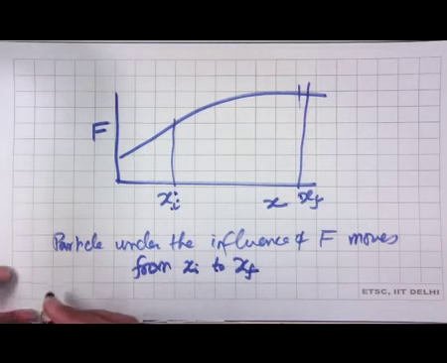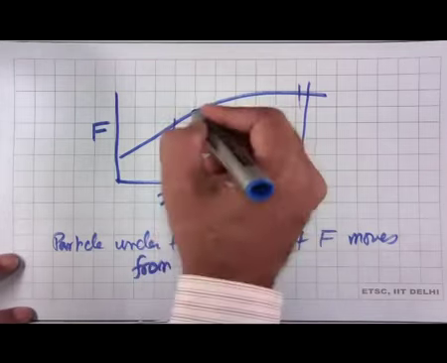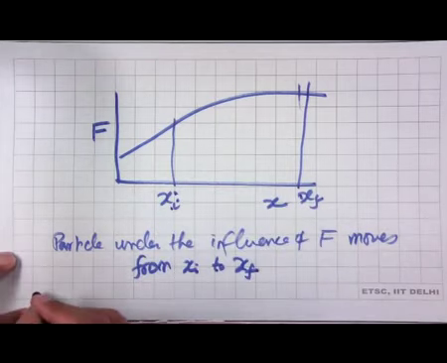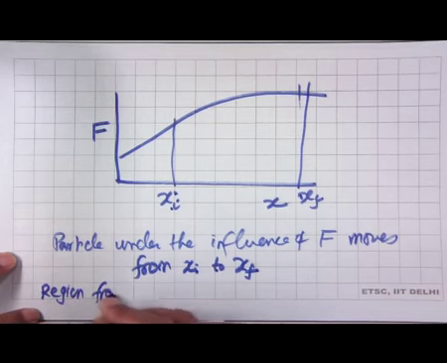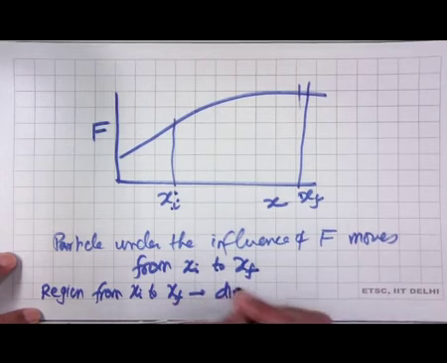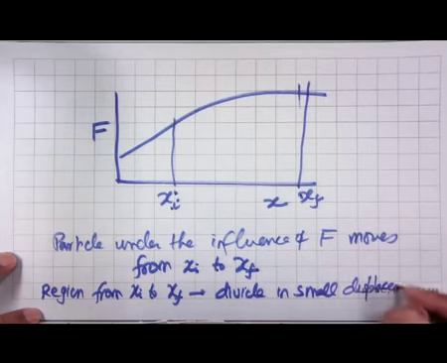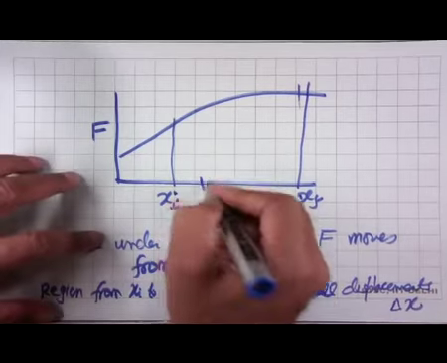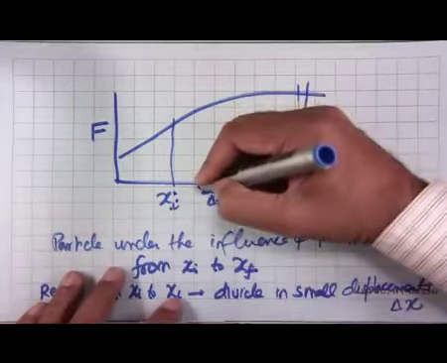So, what we do is we divide this region from xi to xf in small displacements of delta x.